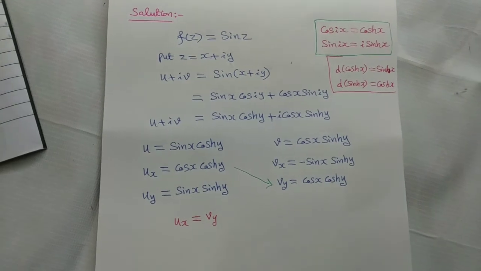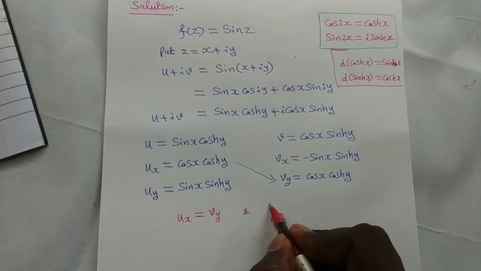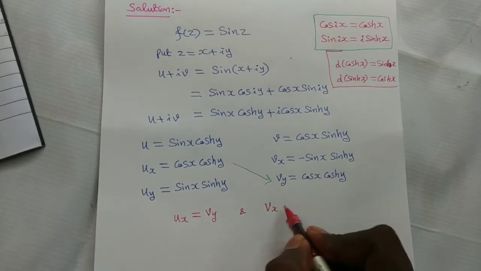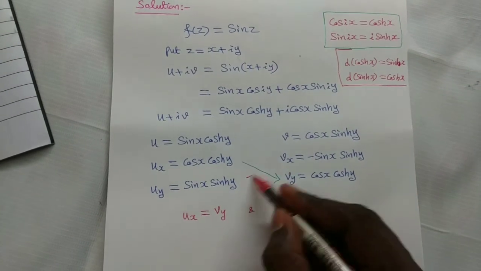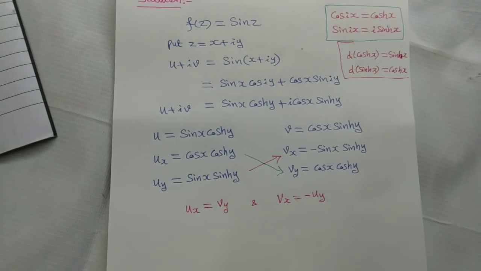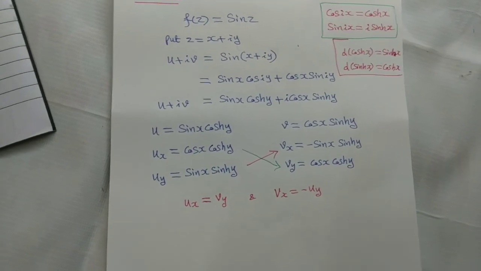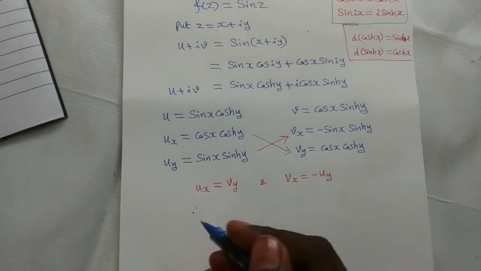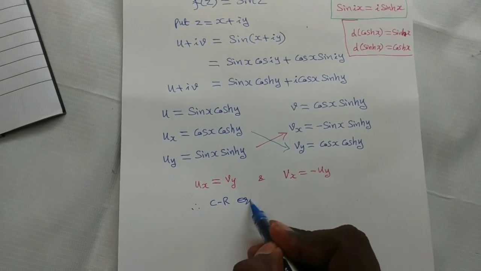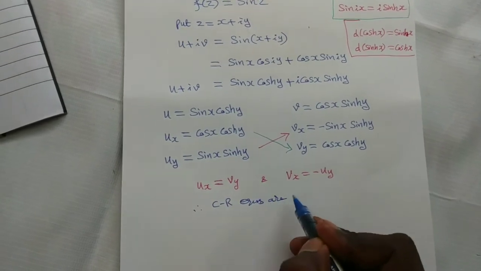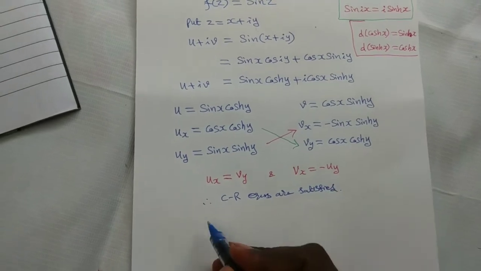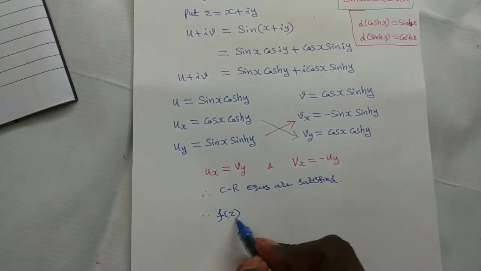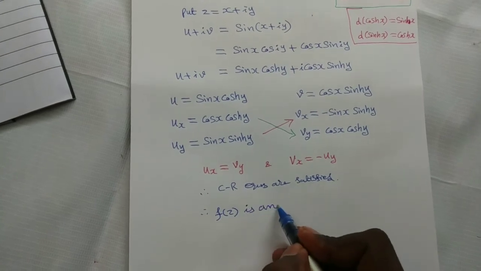So this is also satisfied. And uy, vx is equal to minus uy. Only difference in sign. So this is also okay. So CR equations are satisfied. Therefore f of z is analytic.